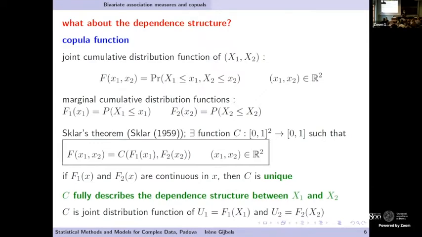And this function is unique as soon as these marginals are continuous, which I will assume throughout the rest of the talk. And so this copula function fully describes the dependence structure. Another important point to note is that it's actually the joint distribution function of these uniformized margins, right?